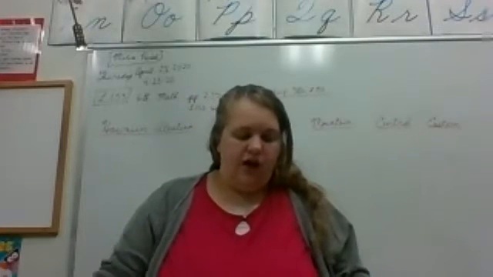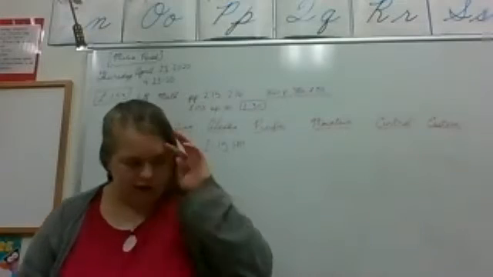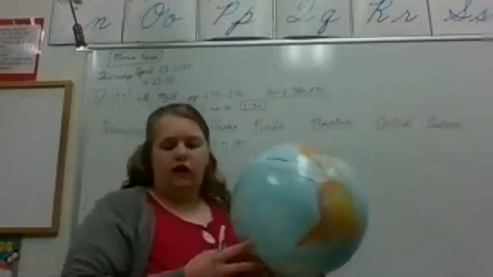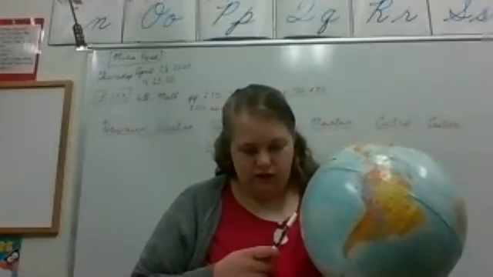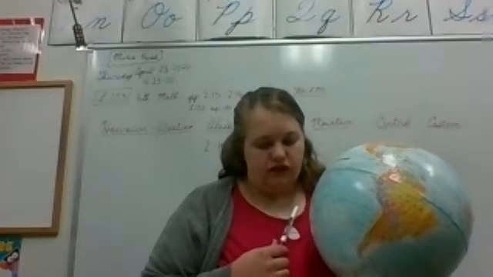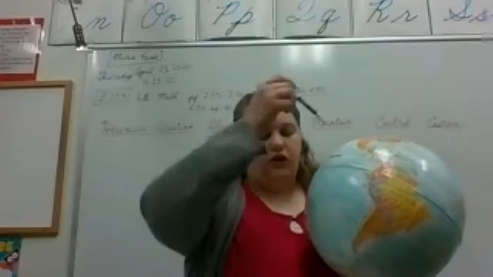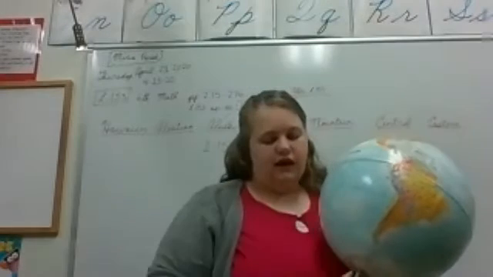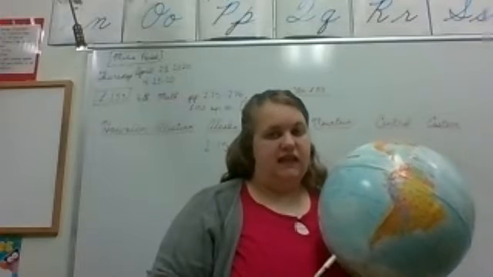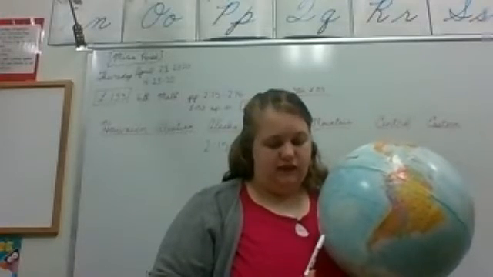Okay, on a globe, let me grab my globe. Okay, so on our globe, there are lines of longitude. They run north and south, but measure distance east and west.